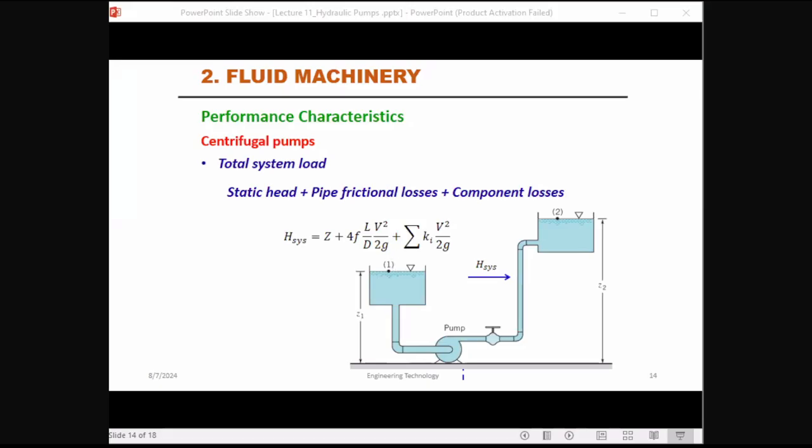Who can explain about this part? Can you explain this part and this part?